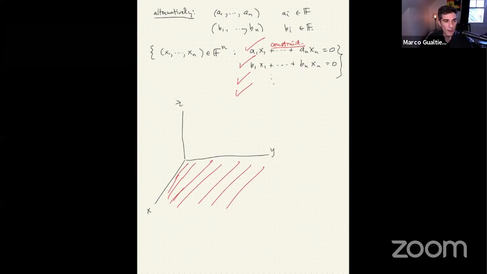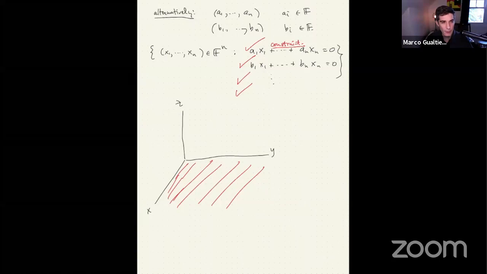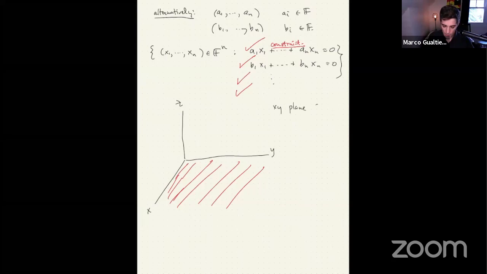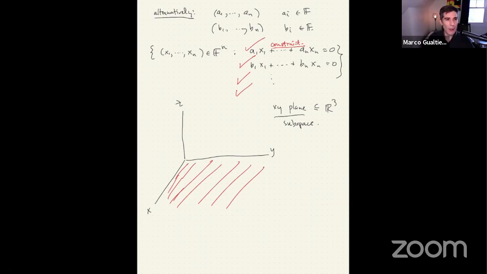Now first of all, is the XY plane a linear subspace of R3? So the XY plane inside R3, I claim that this is a linear subspace. Do you agree? Yes. Okay, so the question is, how do I mathematically indicate, or how do I write down this subspace? How do I build or construct this subspace?